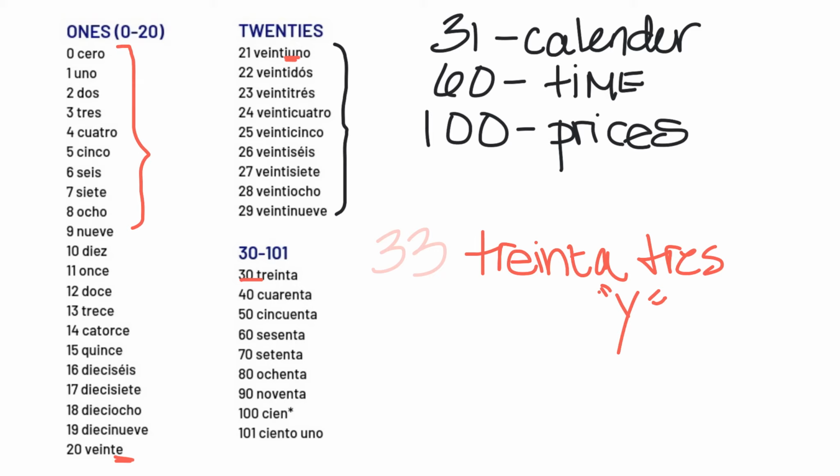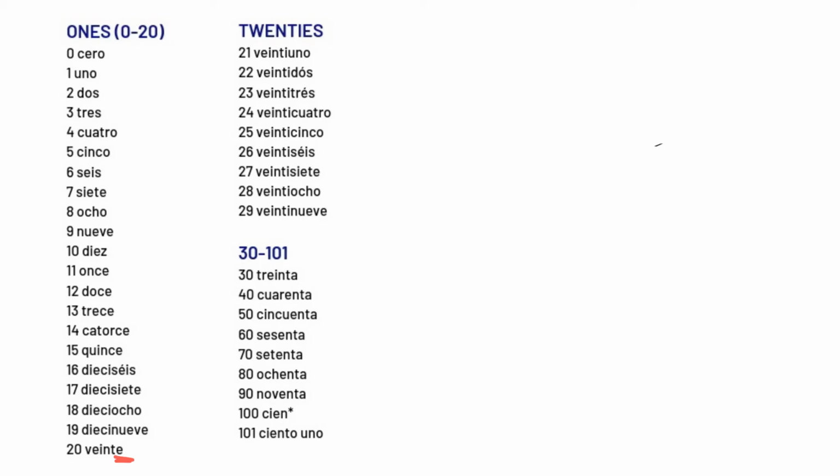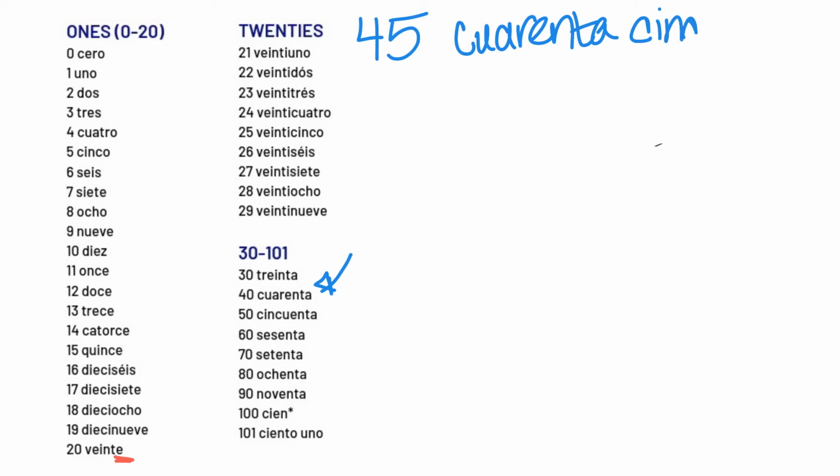Now let's practice a couple numbers. How would you say 45? 40 is 40. And then we want to add the 5 after it. 45. What about 59? 50 is 50.